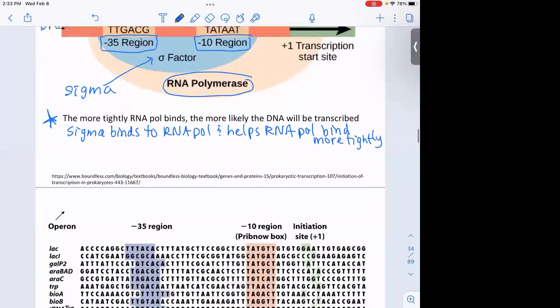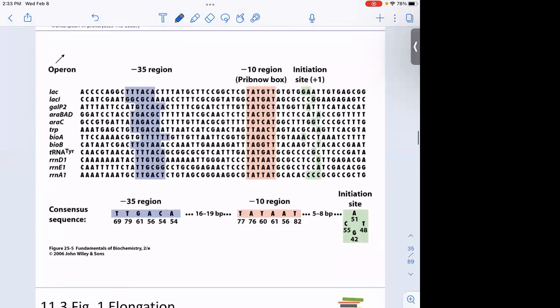Let me show you another graphic here that looks complicated, but hopefully will help you pull some things together when I explain it. If you just look at this top row here, this is a sequence of the promoter regions of operons of E. coli.